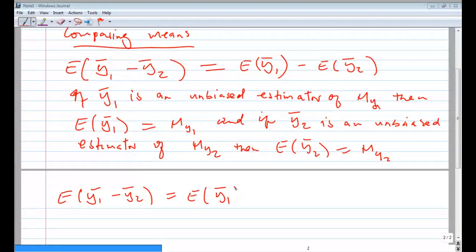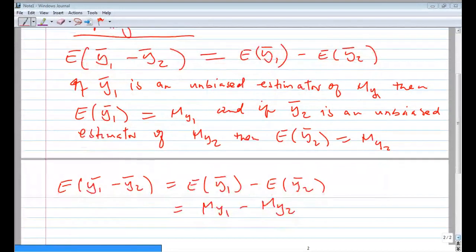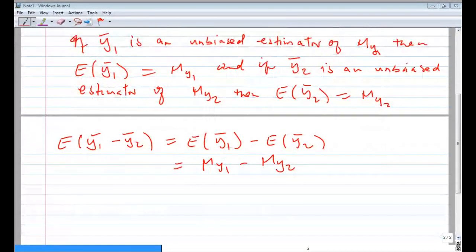Okay. Let me just rewrite this one so that you can follow the logic. So this can also be equal to what? Mu y1 minus mu y2. Okay. That's about the expected value.